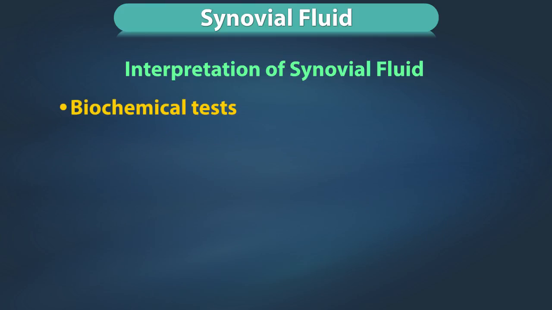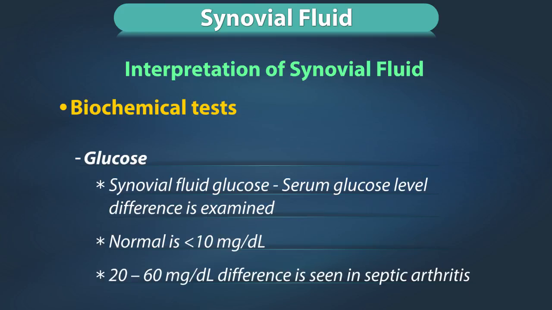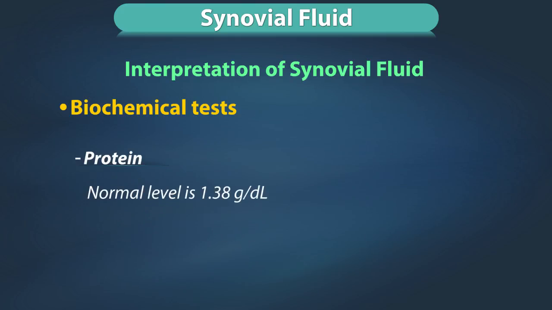Biochemical tests. Glucose. The synovial fluid to serum glucose level difference is examined. Normal difference is less than 10 mg per deciliter. 20 to 60 mg per deciliter difference is seen in septic arthritis. Protein, the normal level is 1 to 3 grams per deciliter.